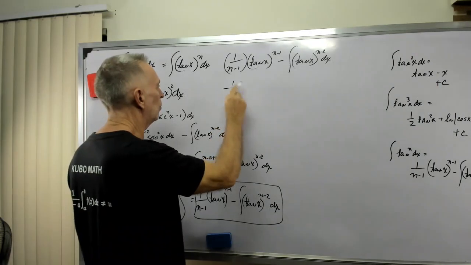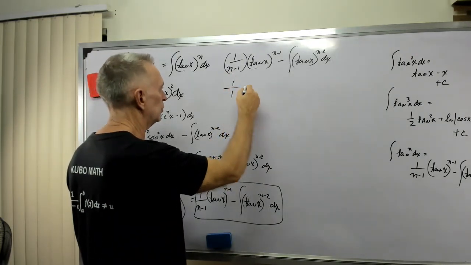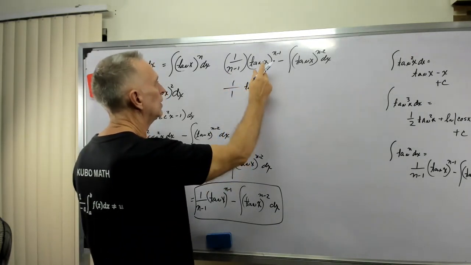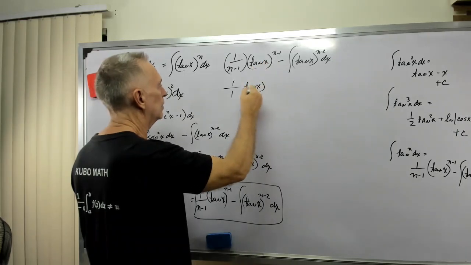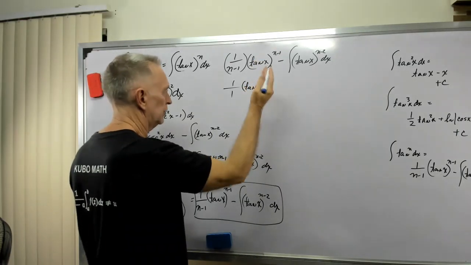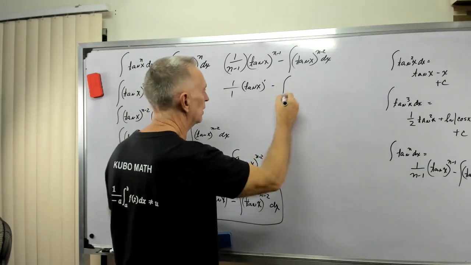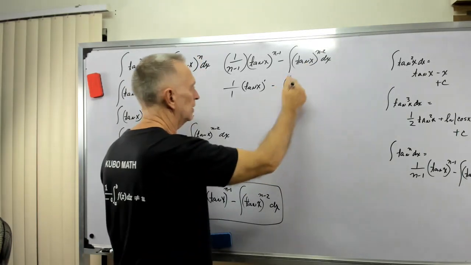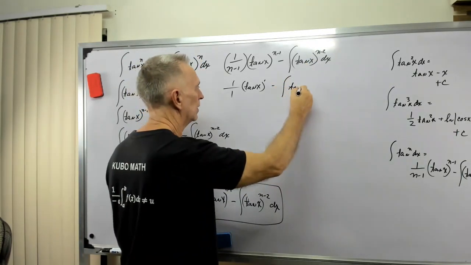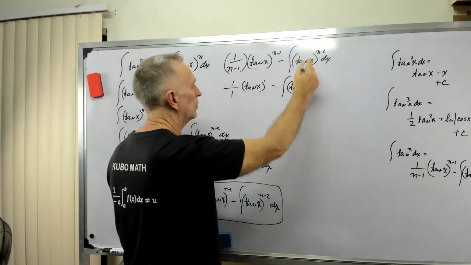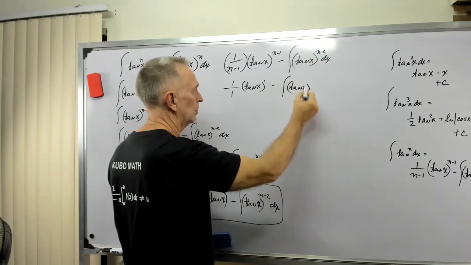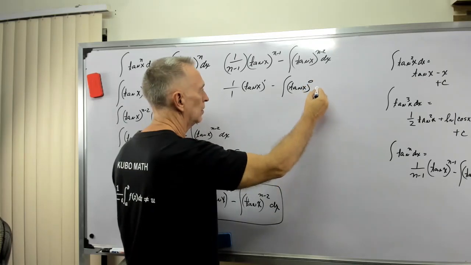So we would have 1 over 2 minus 1, which is just 1, tangent x to the 2 minus 1, which is just 1, minus the integral of tangent x to the 2 minus 2, which is to the 0, dx.